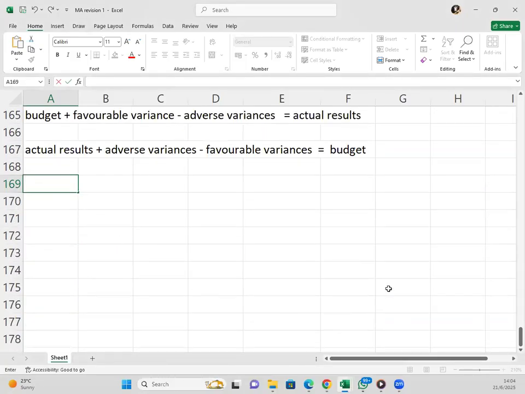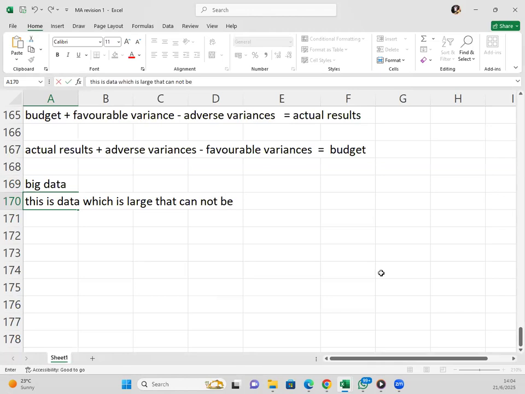So big data, this is data which is large, that cannot be processed using manual tools, with a manual system.